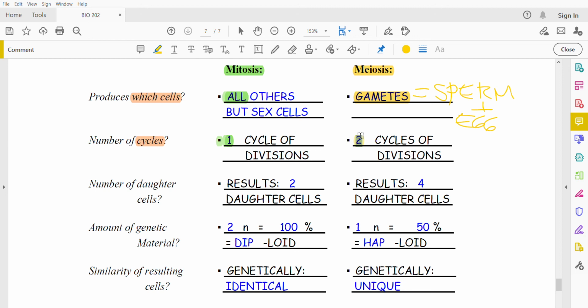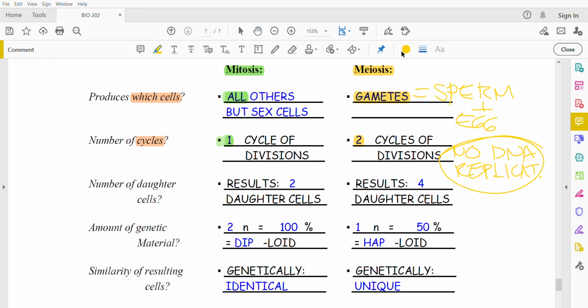And the big thing to notice here was no DNA replication in between of these cycles. So that's an important thing to notice regarding the meiosis. There is no DNA replication between these 2 cycles.